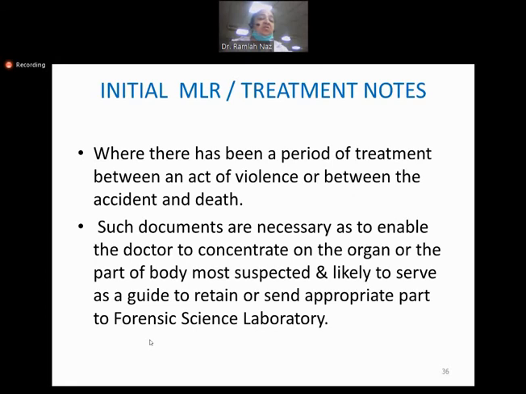If it's a fall or accident, then the cranial cavity is going to be your major focus, instead of the rest of the two cavities. So these kinds of notes will sometimes help you to approach that particular area first.